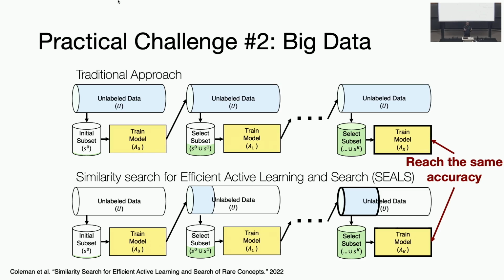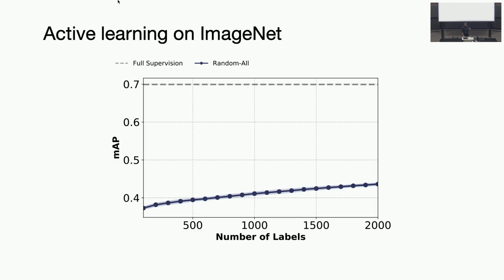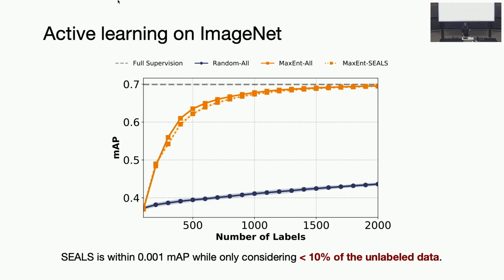Even unseen concepts, like an N95 mask or a fidget spinner, are localized to a very small part of the latent space within this representation. Going back to the example I showed at the very beginning of this lecture, when we do this active learning process on ImageNet, we can get to the same level of accuracy while looking at only a very small fraction of the data.